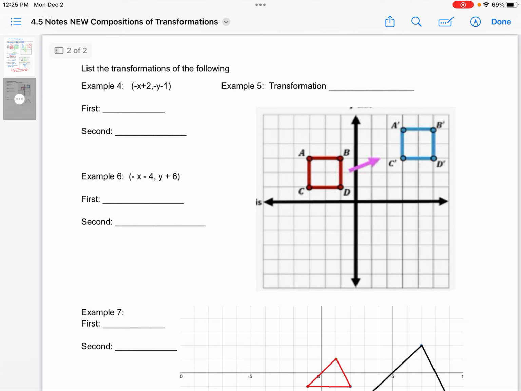Okay, so let's look at this one. So I have my rule. So I have a negative x and a negative y. And if I go look at my rules, this is 180-degree rotation.